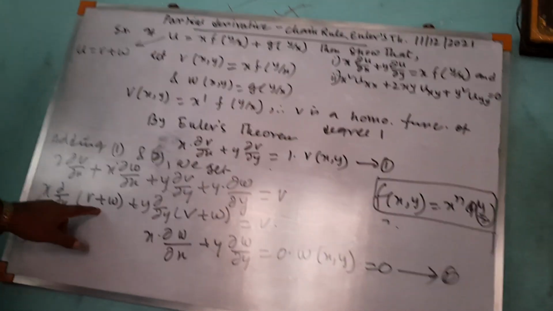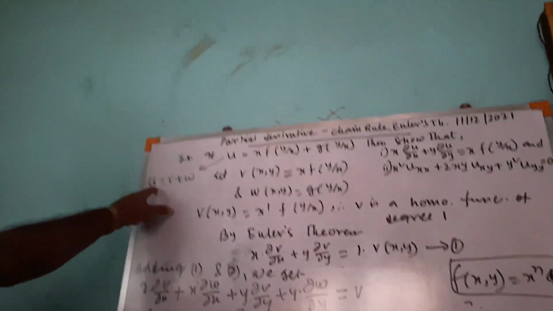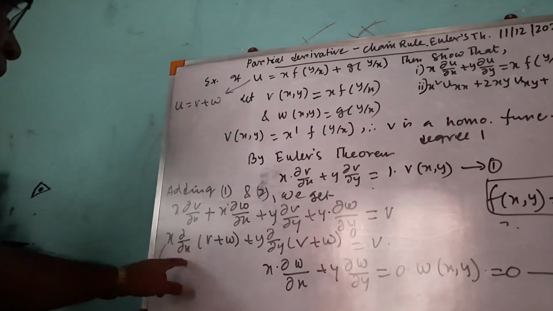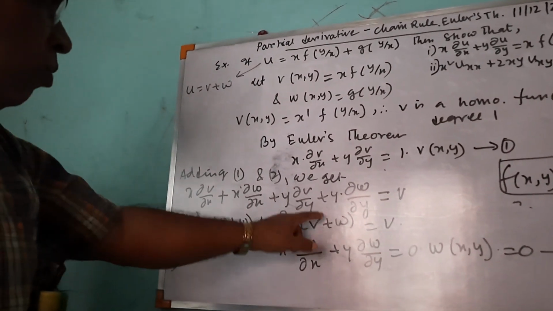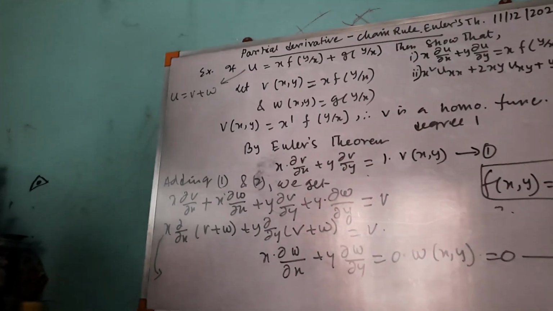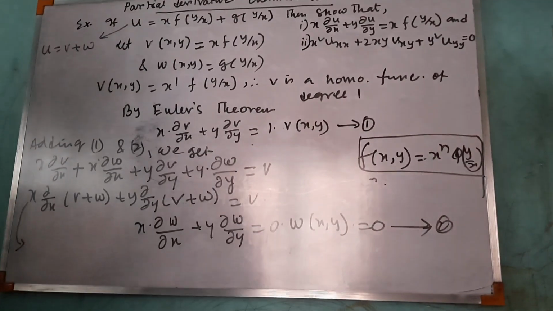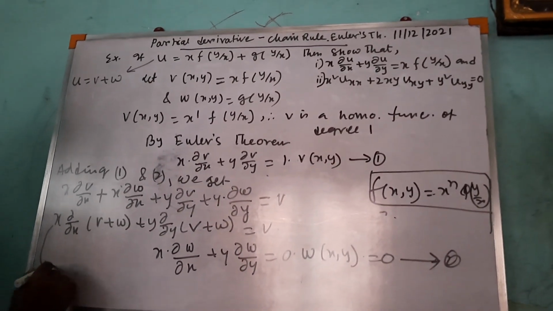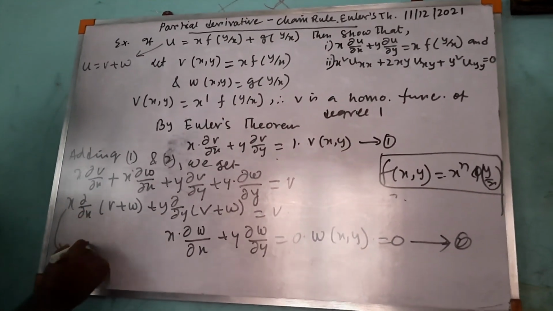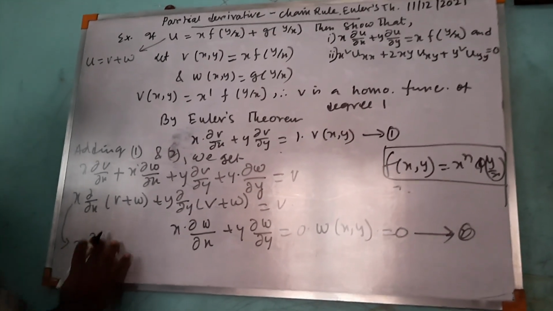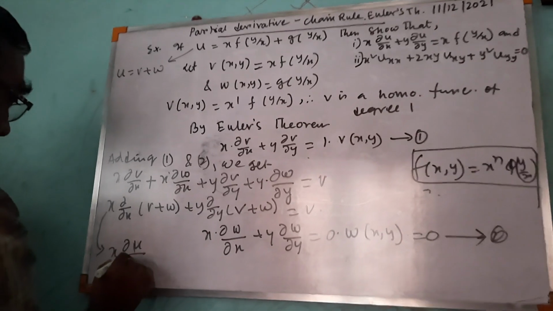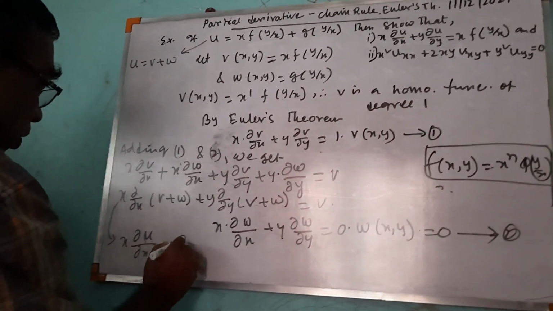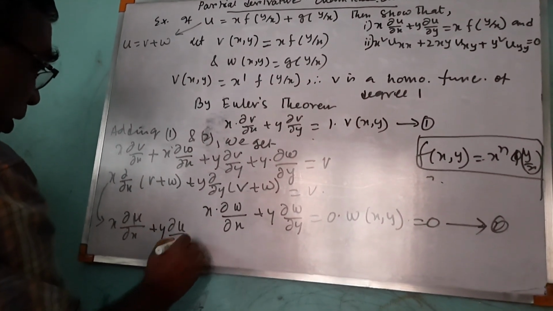So in place of v plus w, we can write u. So x into del u del x plus y into del u del y is equal to v.